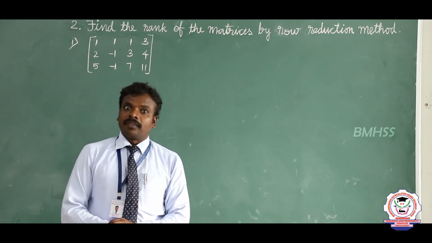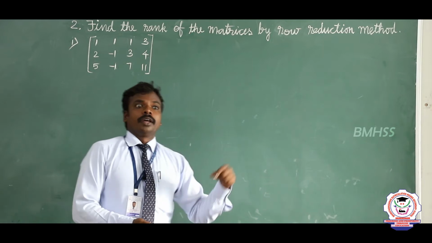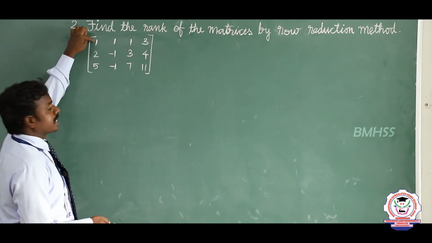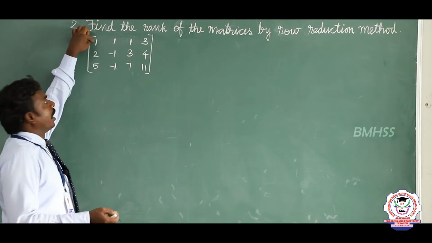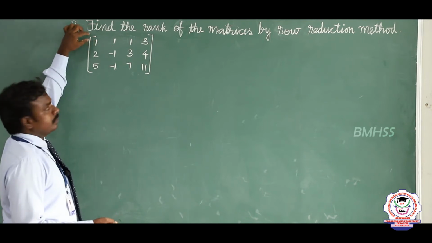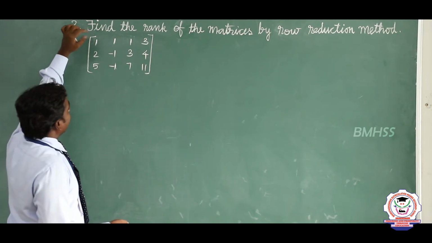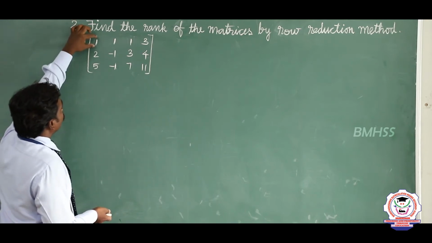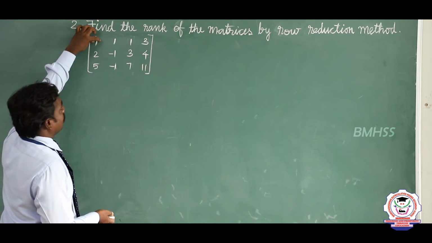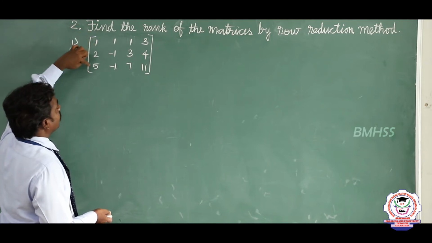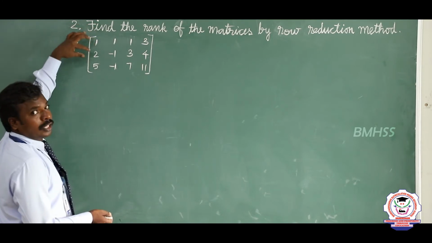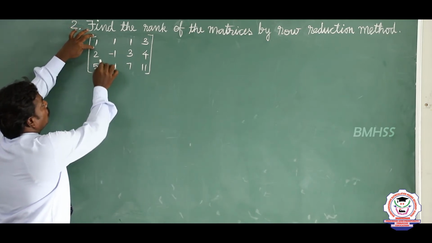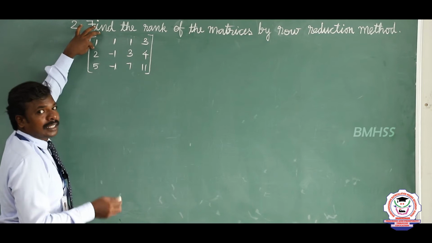While we are trying to reduce the rows, first we need to consider the first row, first element, and always keep 1 in that place. In the second row, listen here, below the first row's first element there are 2 elements, that is 2 and 5. So first we need to make 2 and 5 zeros.